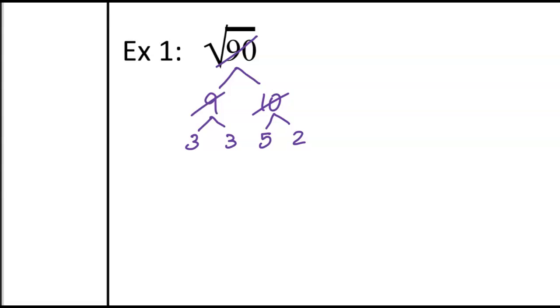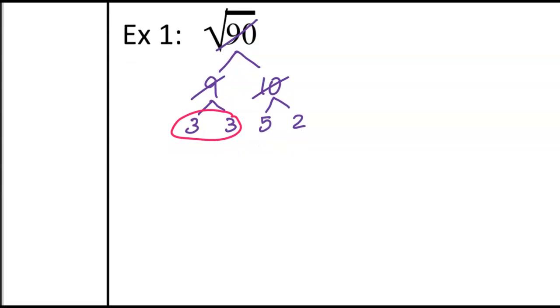So if 5 is prime, 2 is prime, we're done with our factor tree. Are there any pairs of numbers? 3 and 3. Circle the 3's together. Are there any other pairs of numbers?